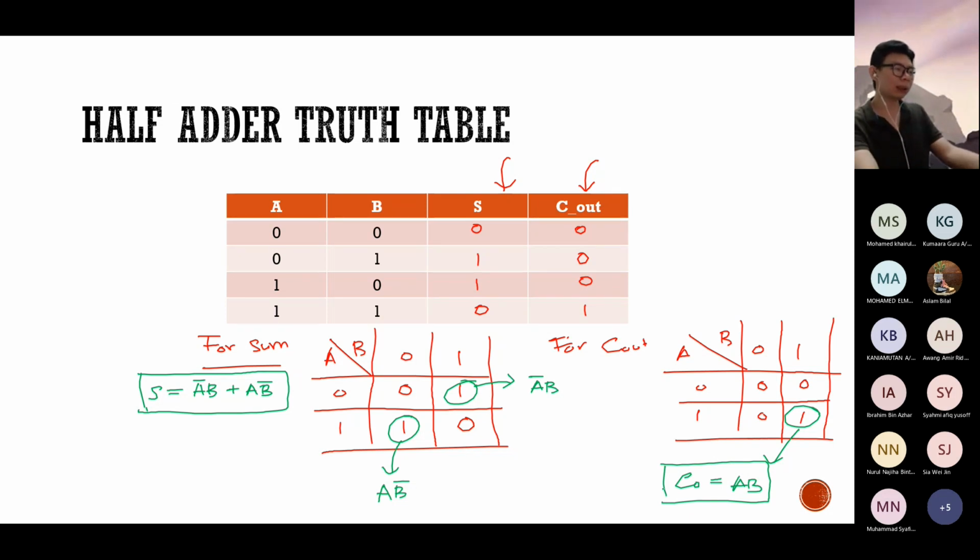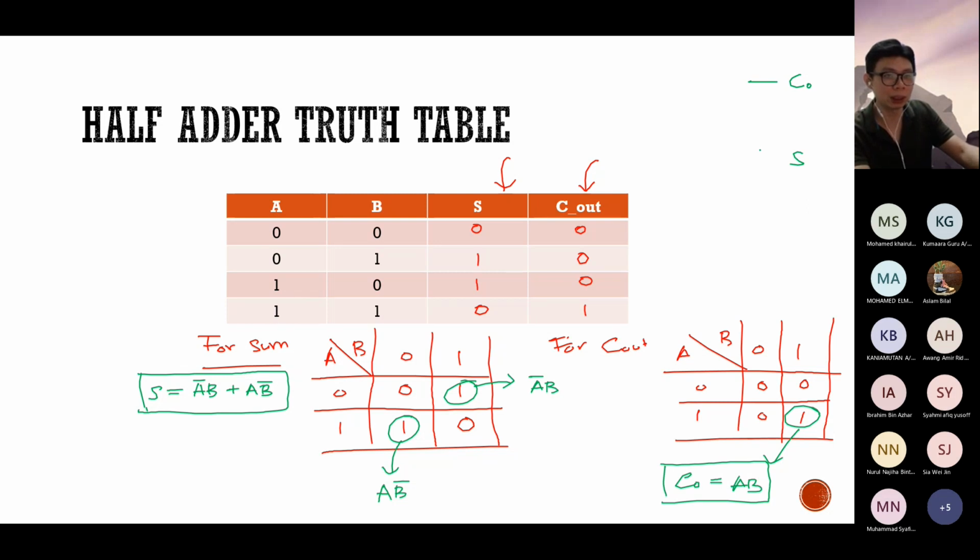So then, how does the circuit look like? Okay, so the circuit would be a combination of these two things. So let's just draw a C out over here, and a sum over here.